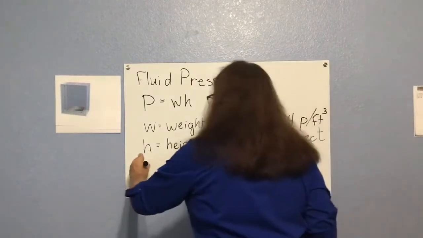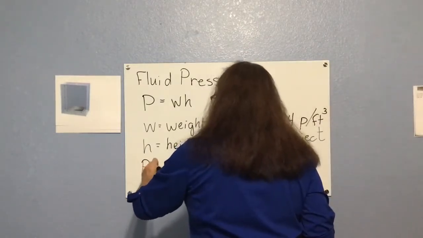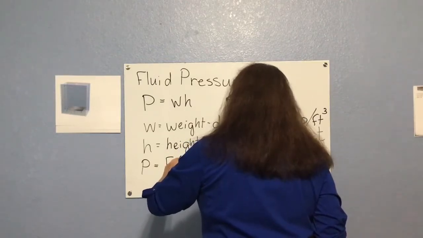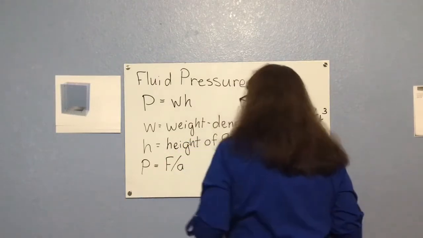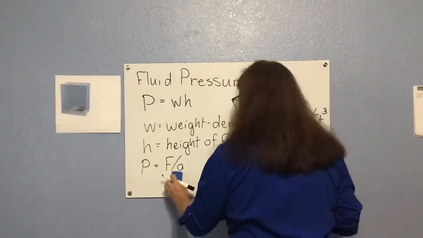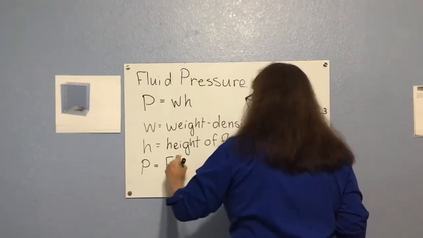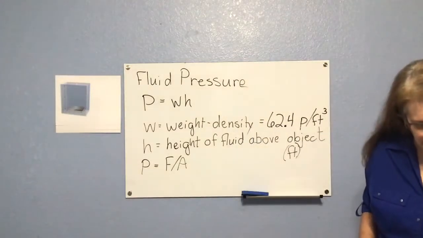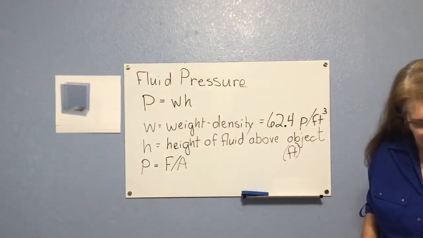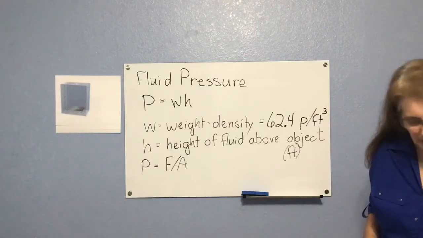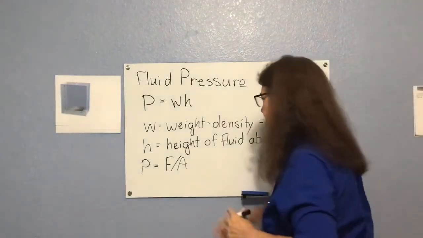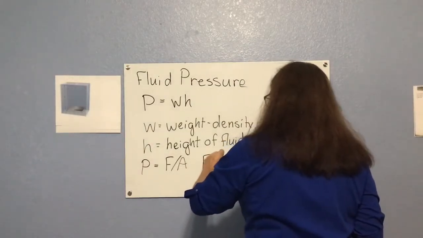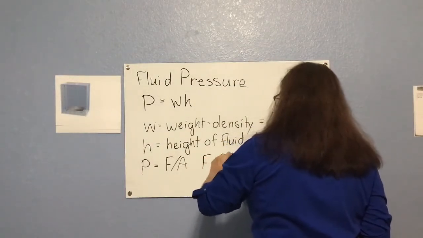Okay, and we could say that pressure is given in units of force per area, A. And so if I want fluid force, I just manipulate this equation a little bit. I get force is equal to PA.